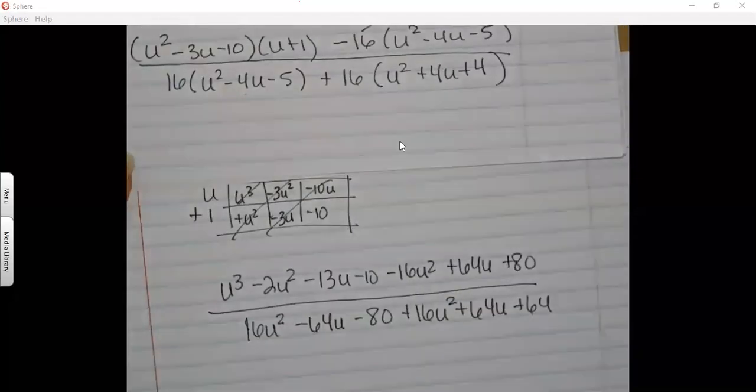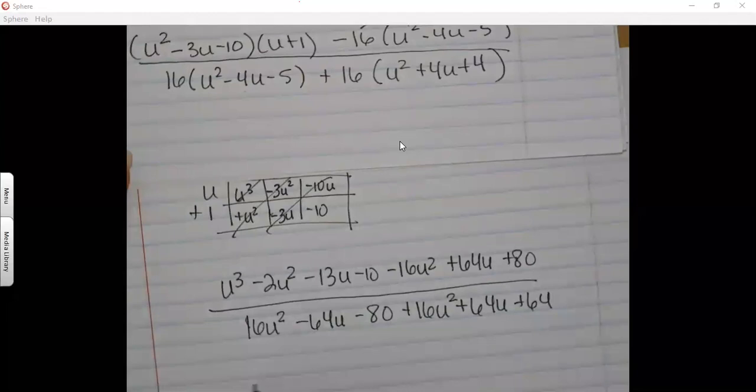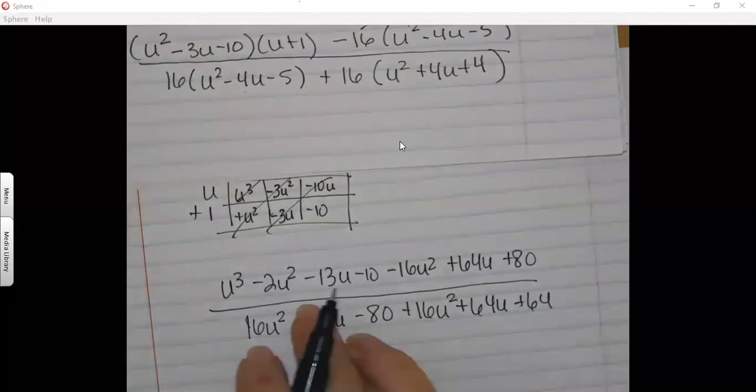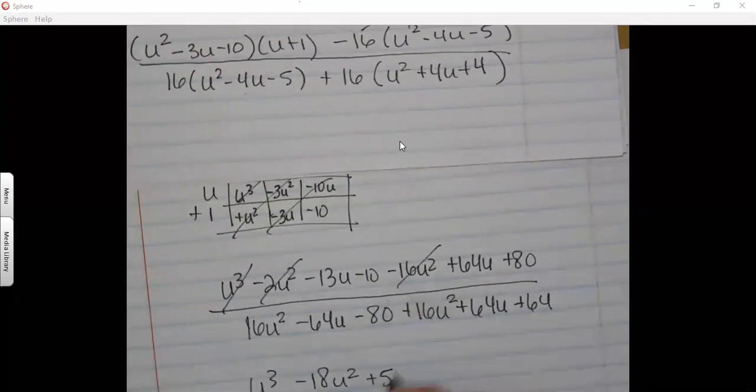Yeah, okay. Numerator, let's combine like terms. So I have u cubed. That's done. Negative 2u squared and negative 16u squared would be negative 18u squared. Negative 13u and positive 64u would be positive 51u. And a negative 10 and a positive 80 leave you positive 70.